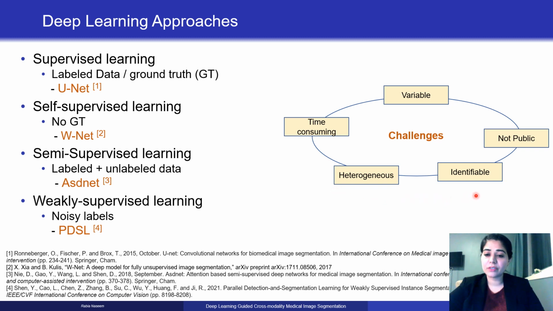And then there are some privacy issues associated with the data and deep learning. The data is not publicly available, and even if there are several publicly available data sets, the quality of data is not very good.